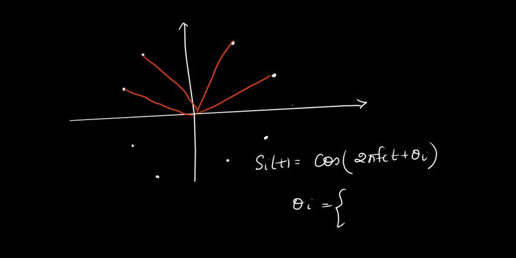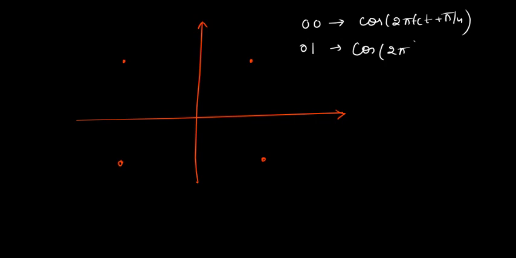So, there are 8 points and you can put it like this. Similarly, for the QPSK case also you can do like this. You can put 4 points here. The mapping will change a bit. What would be the mapping now? 00 is mapped to cos(2π f_c t + π/4). The other point is mapped to 01, cos(2π f_c t + π/2 + π/4), which is 3π/4.